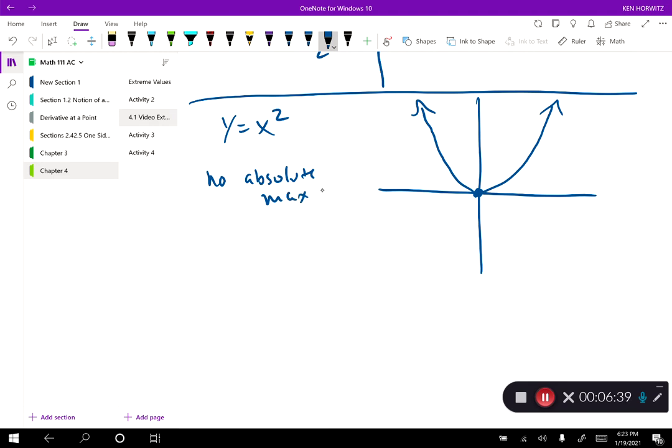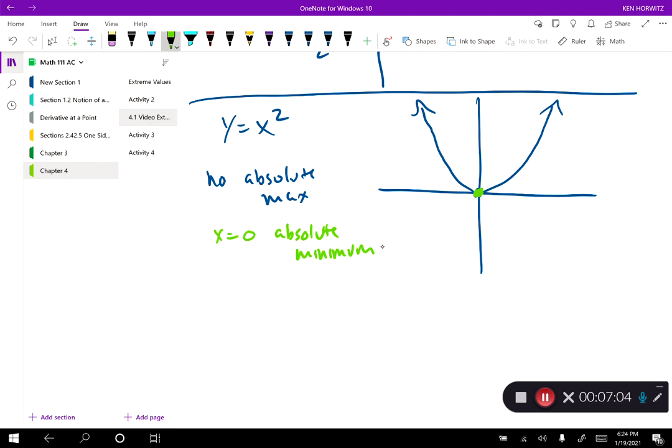I know some books may differ, but this is the way we're going to do it. And the absolute minimum would be here because the function will go no lower than that. So x equals 0, absolute minimum.